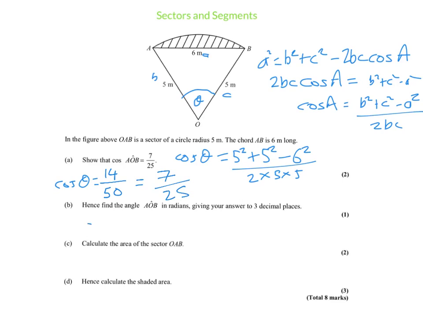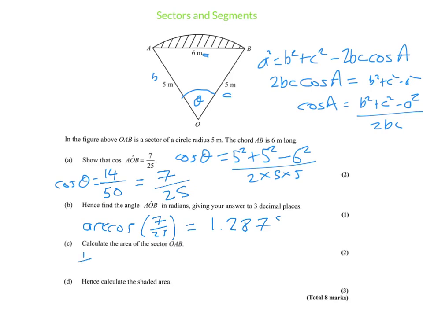Arccos of 7 over 25, and we're going to do this in radians, is 1.287 radians.